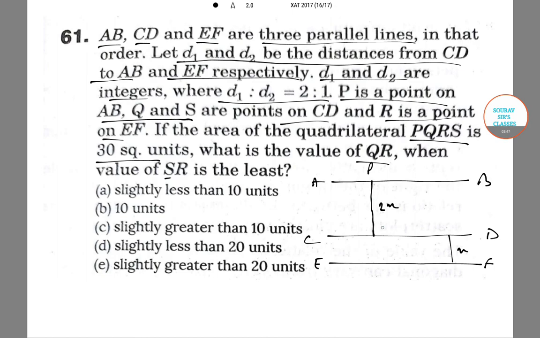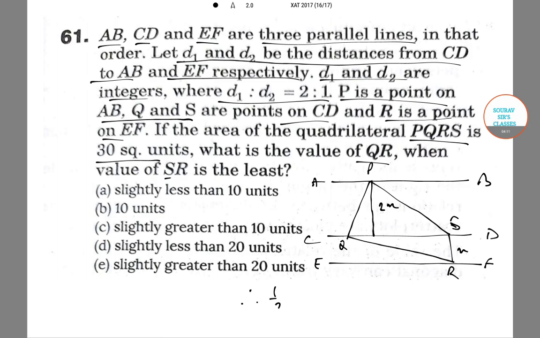This is P, Q, R and S. So given the area of PQRS is 30 square units.